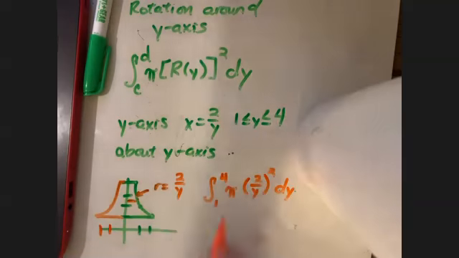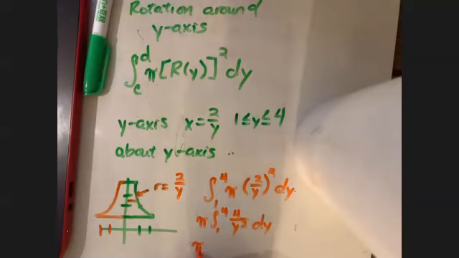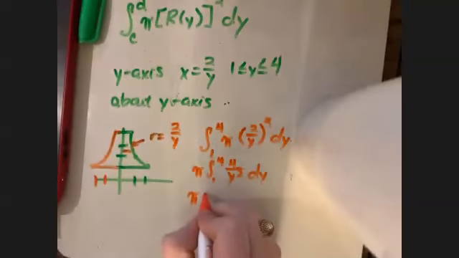A lot of times we do pull the pi out just so that we're not having to worry about it. Now, this is 4 over y squared dy. I'm going to write this slightly differently.